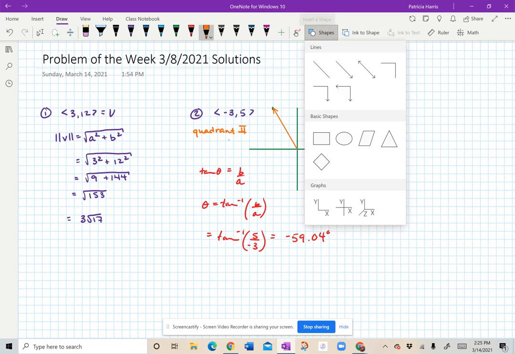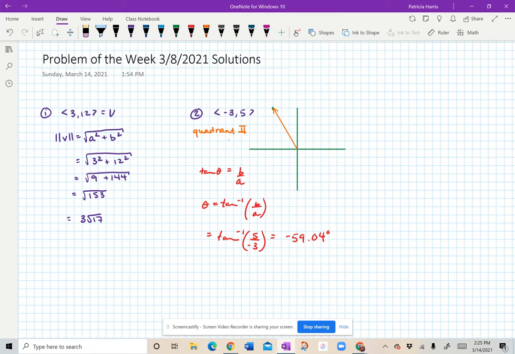What that is, it's this. I don't want that. I want this angle right here. So what do I do to adjust it? I'm going to add 180.